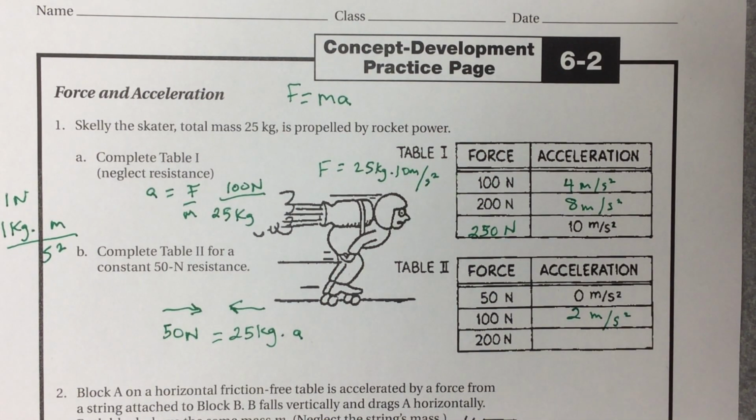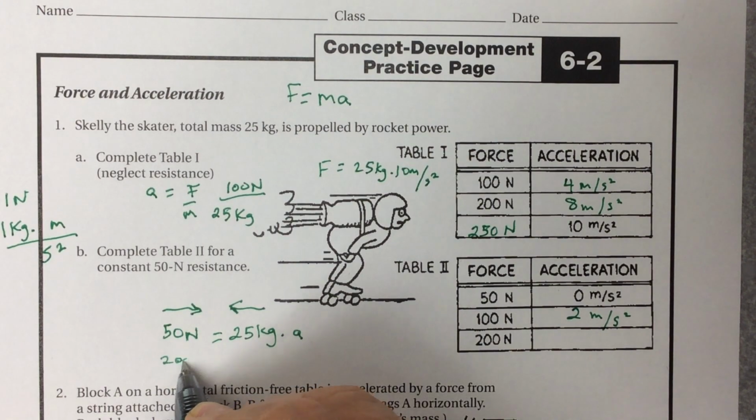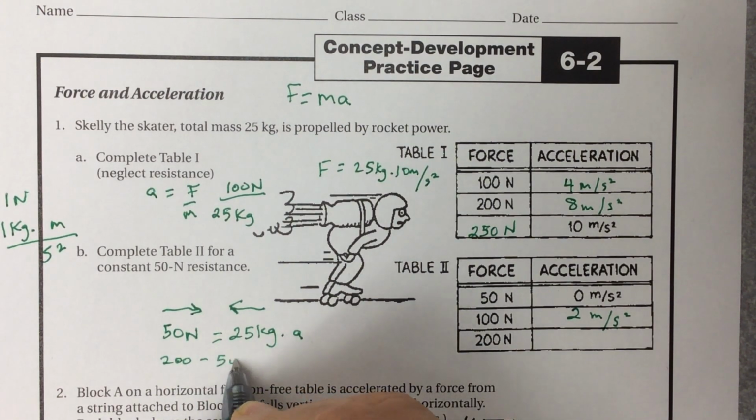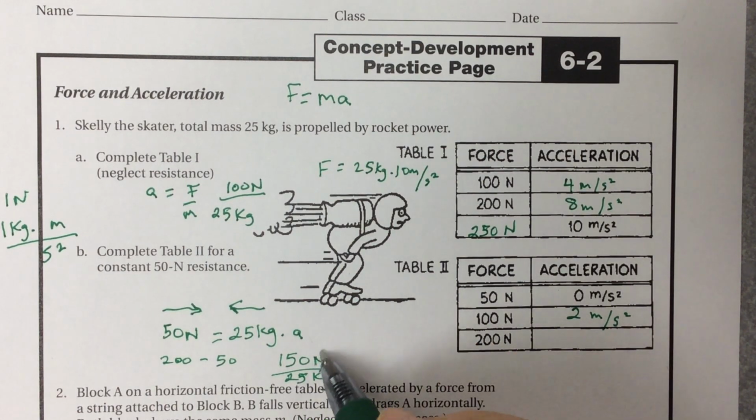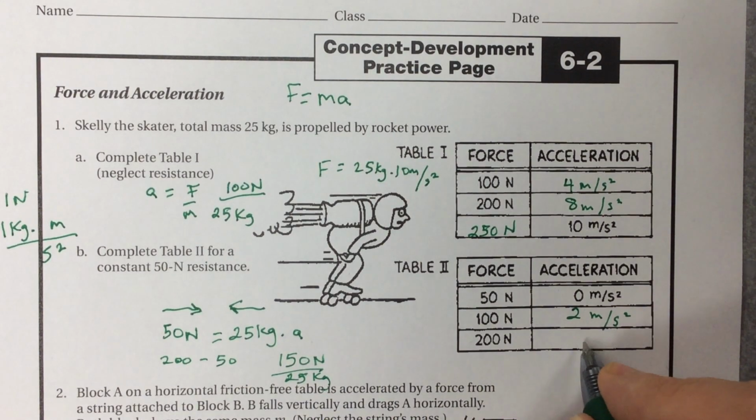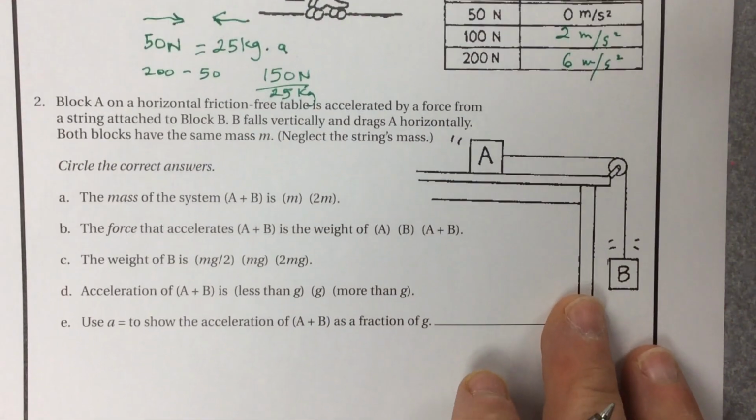Okay, how about 200? 200 minus 50 is going to give you 150 newtons divided by 25 kilograms. So the kilograms cancel, leaving you meters per second squared, and that'll give you 6 meters per second squared.